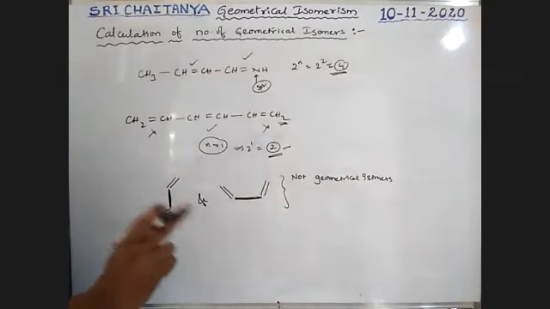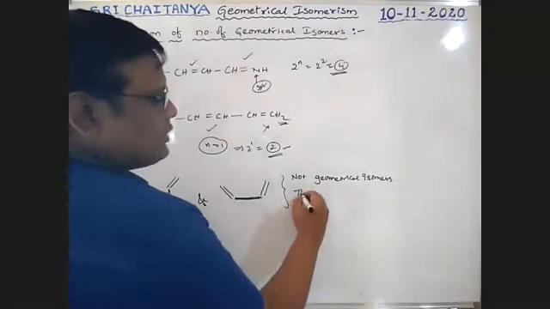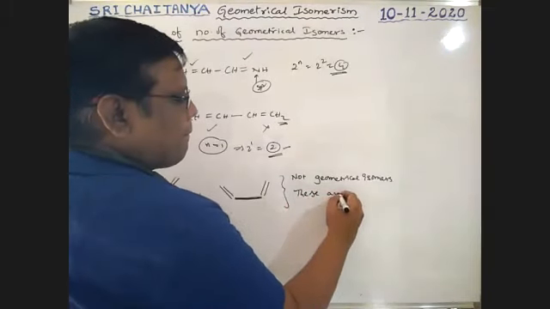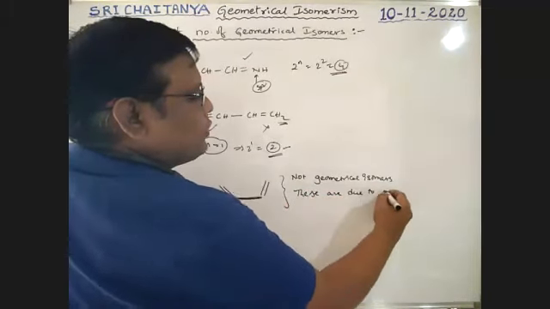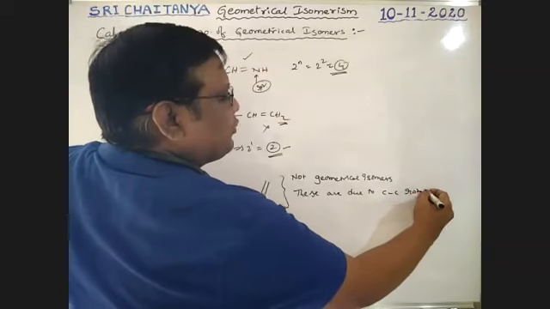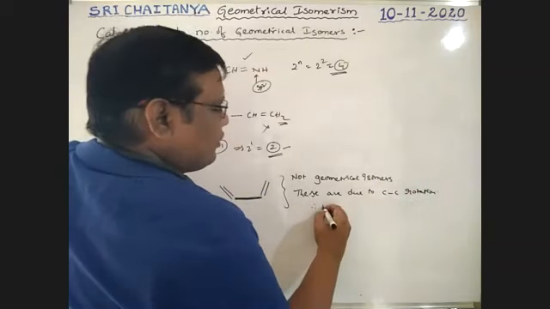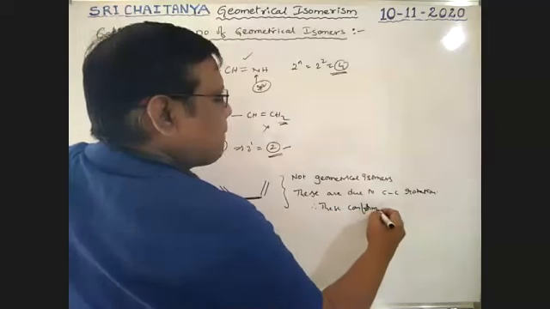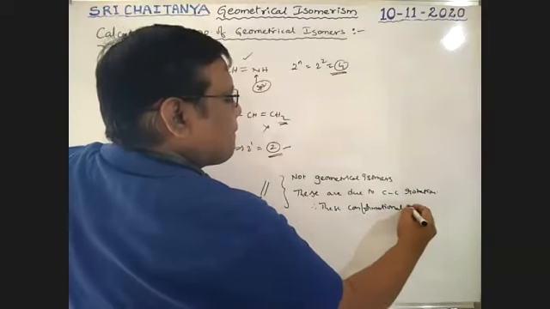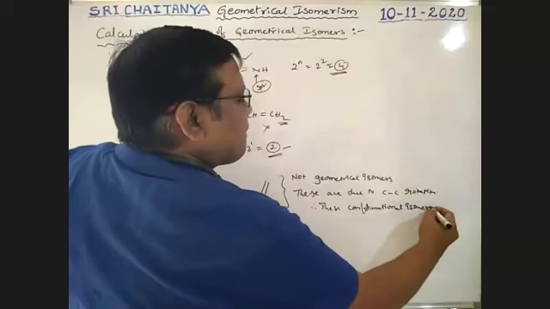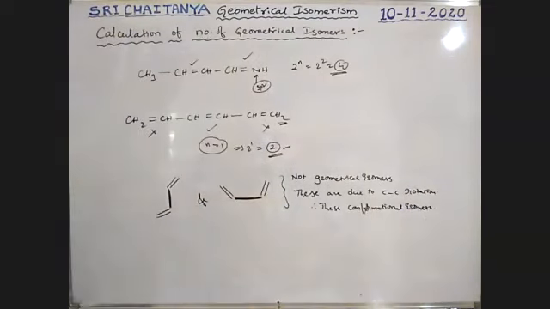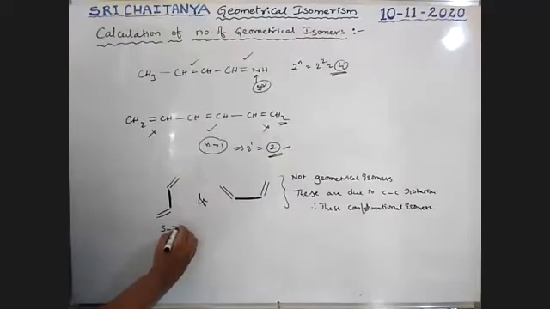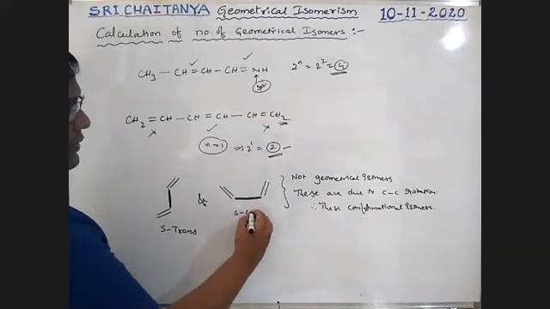These are due to C single bond C rotation. Therefore, these are conformational isomers, not geometrical isomers, boys. This is called S-trans, and this one we call S-cis.